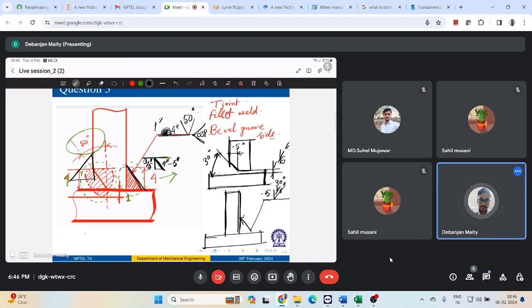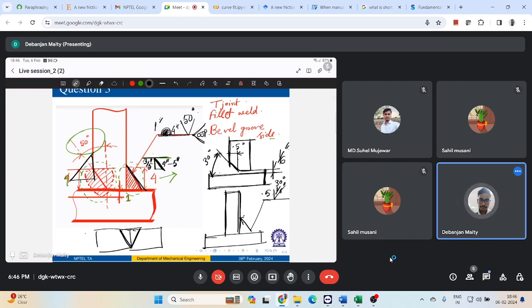Now, a few things we need to remember: if there is nothing mentioned in terms of depth, it tells us that the bevel goes all the way to the other side. So if you have a butt joint like this, the bevel is all over the thickness if there is nothing mentioned in terms of depth, right?